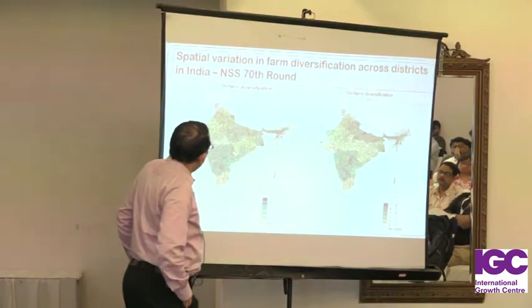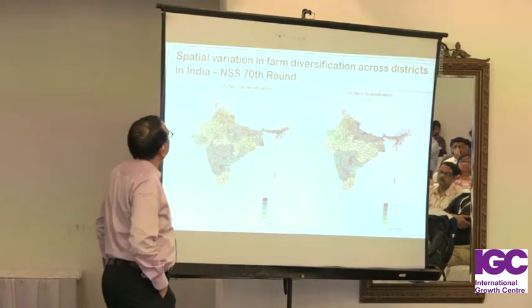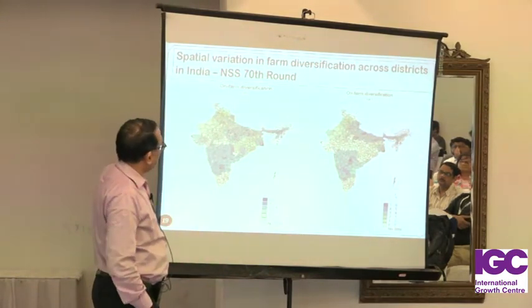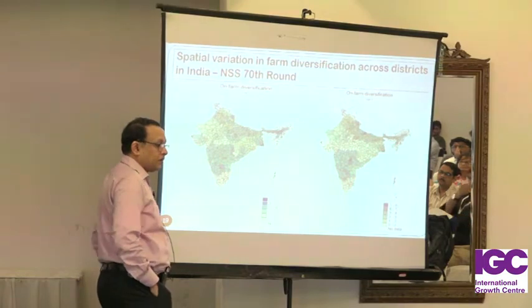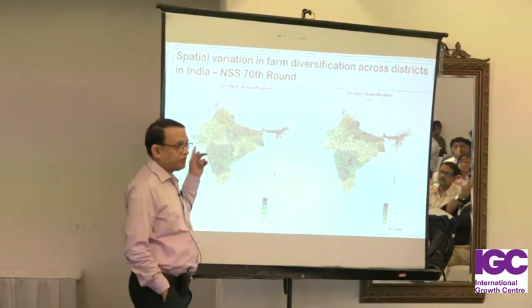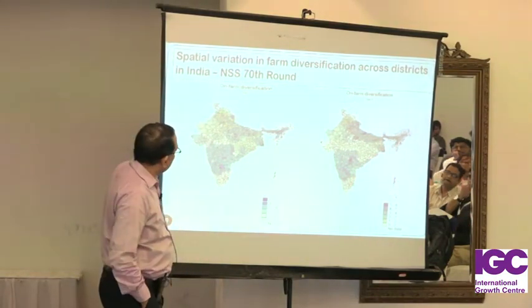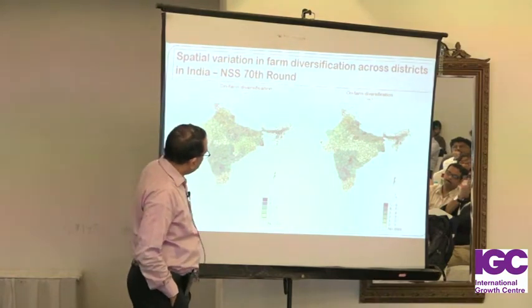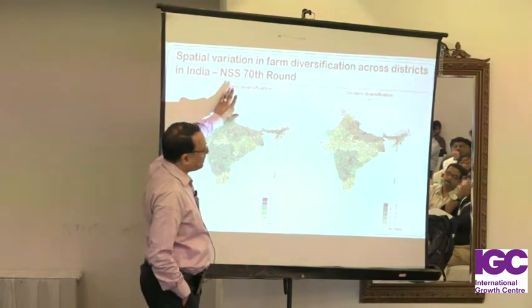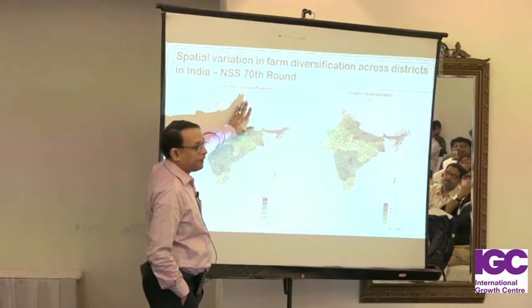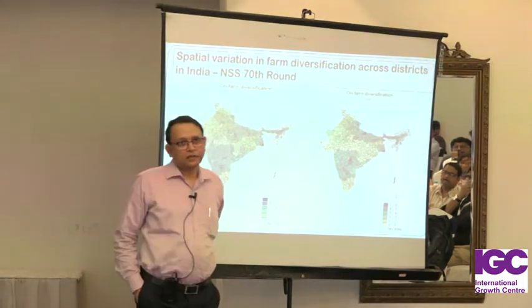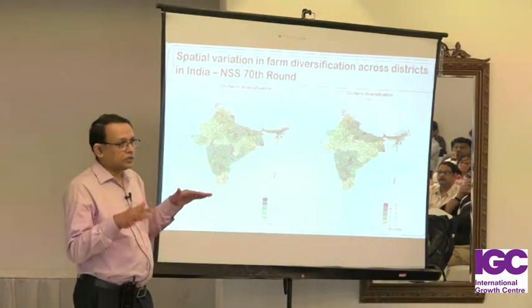Now, I don't know how clear this is. There is a spatial variation in farm diversification across districts. This is coming from the NSS forms. If you look at the districts, this is the on-farm diversification in visit 1. The NSS collects data in 2 visits.